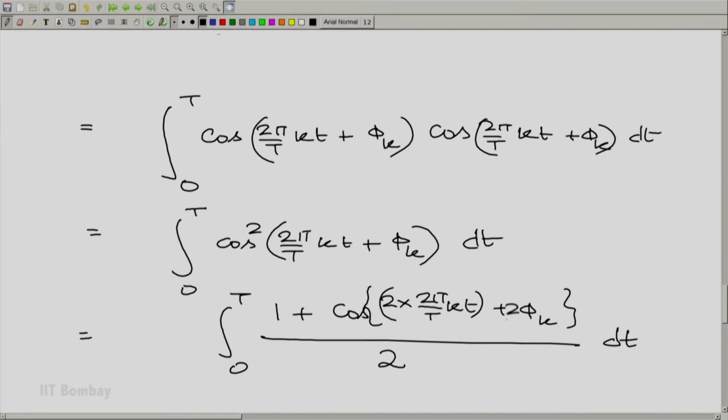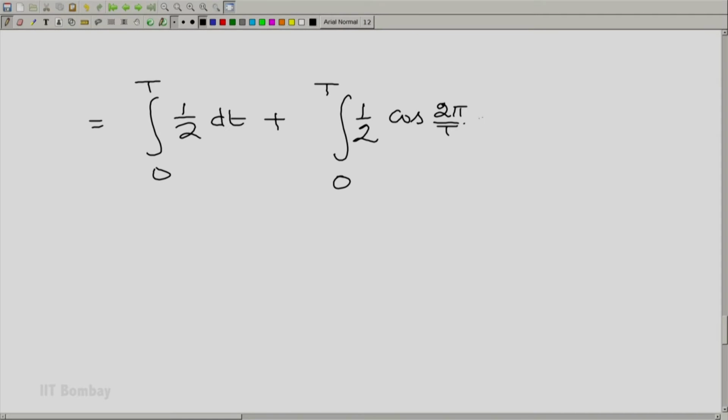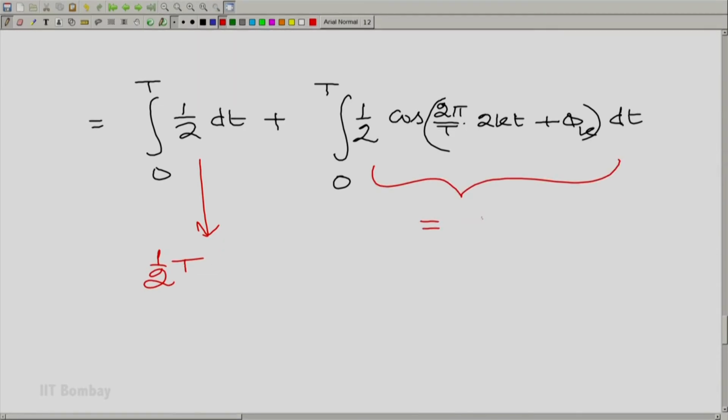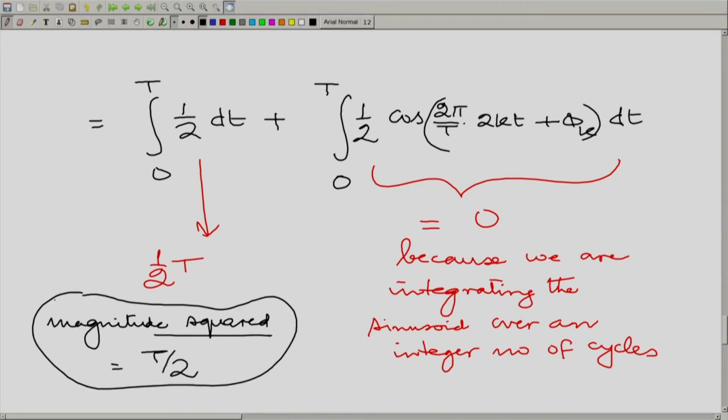Now, here I could split this into two terms in the integral. I could split this into the integral from 0 to T of half dt, which is very easy to evaluate, and the other one is also easy to evaluate. So, here this simply gives you half into T, and this is clearly 0 because it is the integral over an integer number of cycles. So, overall the magnitude square that we have is T by 2, and therefore the magnitude would be the square root of this.